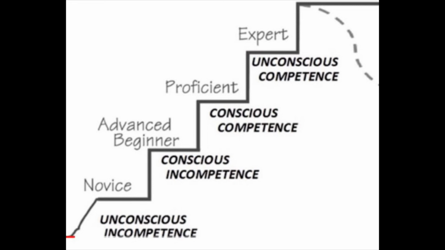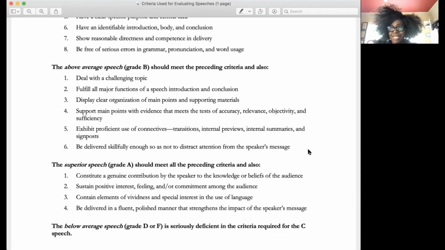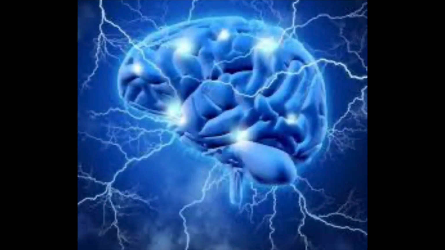Or you've moved them from unconscious incompetence to unconscious competence. And that is why the A speech gets all the glory, because you've moved someone from no knowledge to more knowledge, and you've caused the brain to light up as TED speakers do.